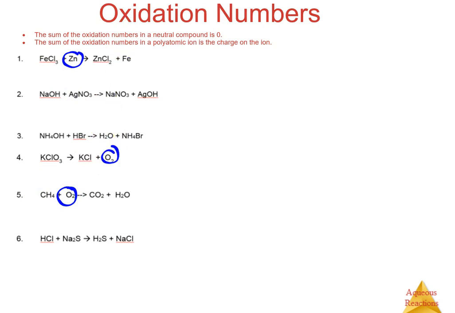So number 3 then. Number 3, it's not redox. Do I have an acid? Yes. Do I have a red flag? No. So this is just a standard reaction, and you can already see it's H2O and NH4Br. Water sort of acts like a precipitate, where it's the liquid.